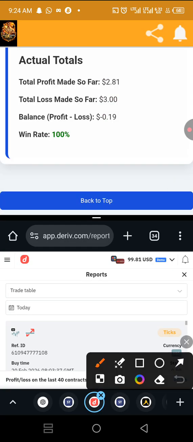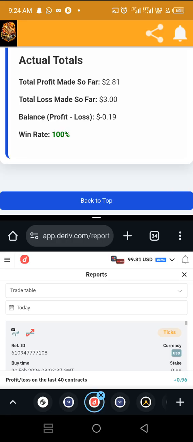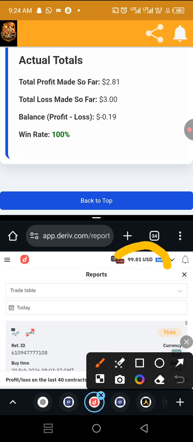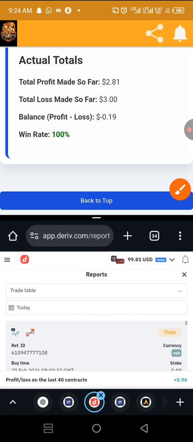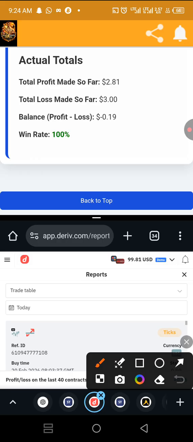So can you see we are still in negative loss of 0.19 cents. If you add 0.19 cents to 0.81 cents, it's going to give you $1.00. So 99.81 cents is going to give you $100 on dot. So this thing is real. The calculation is real.